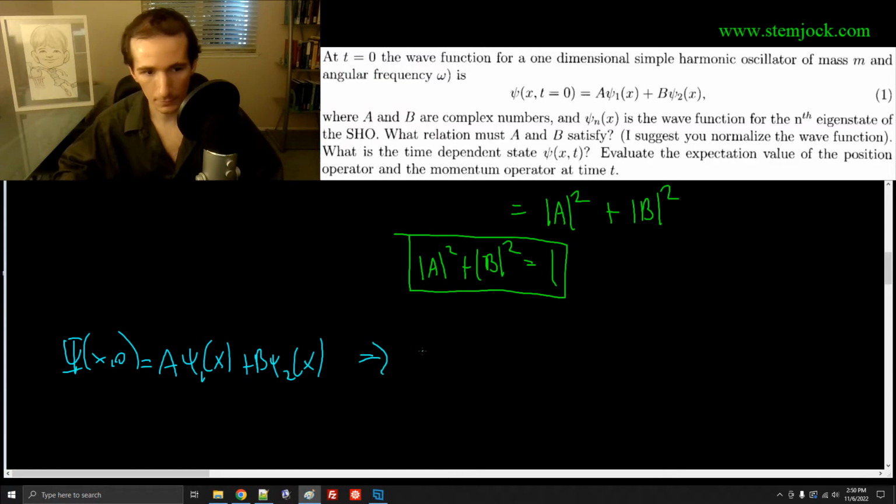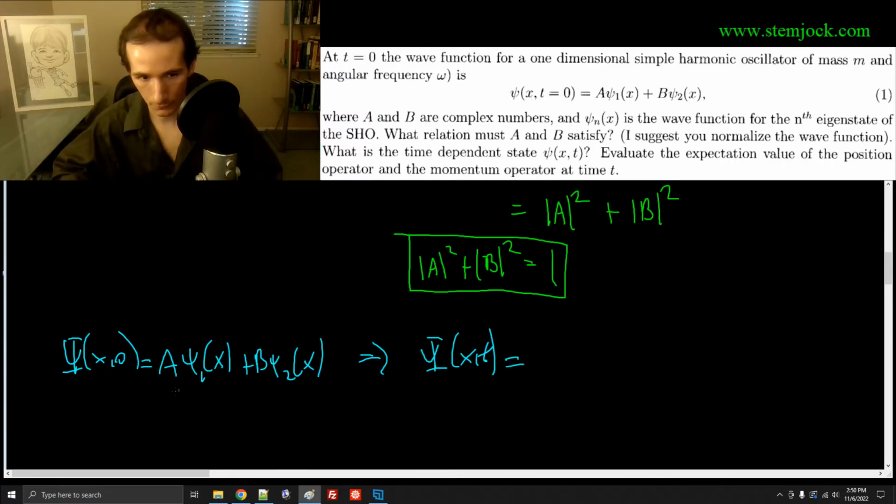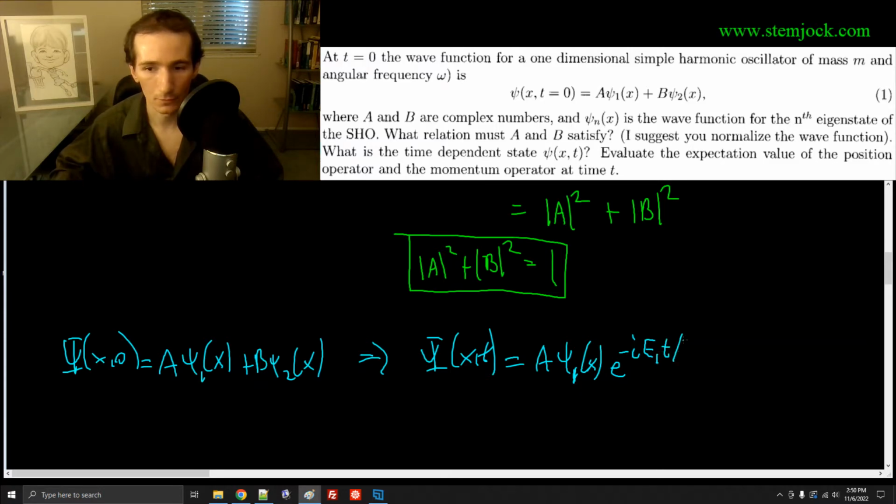So we get psi xt very simply by multiplying each term by the respective wiggle factor. So for the first term here, it's going to be a psi 1x times e to the minus i e1 t over h bar.